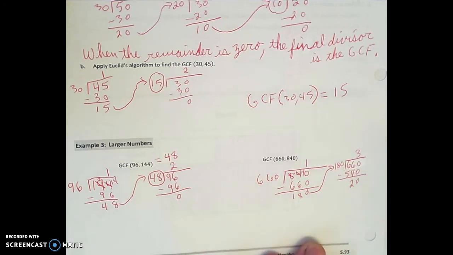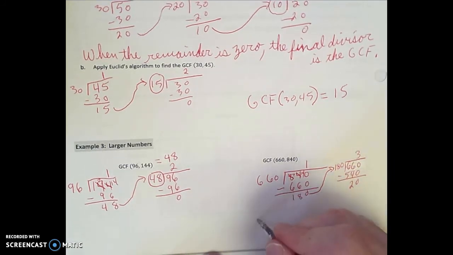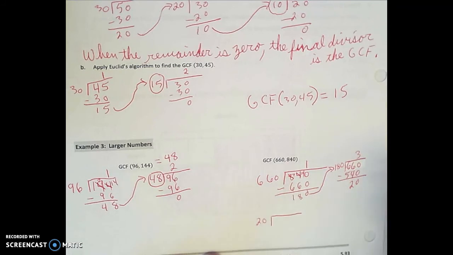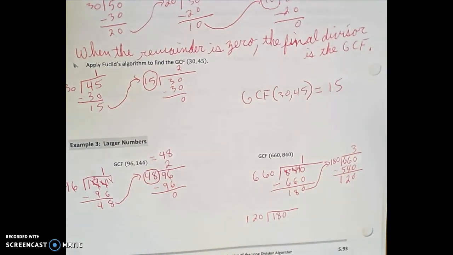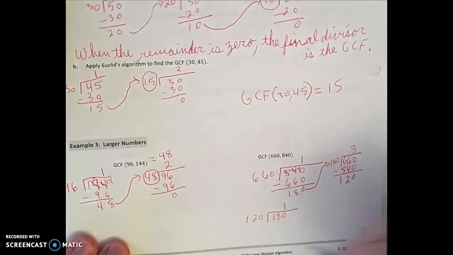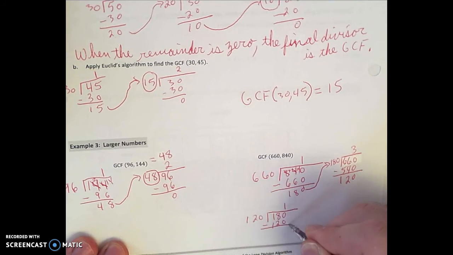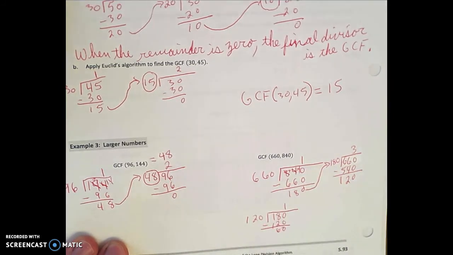Okay, so now we see that we have our remainder, so now we bring the 120 and divide that into 180. So now we have 180 divided by 120. We see that that goes in 1 time. We have a remainder of 60.